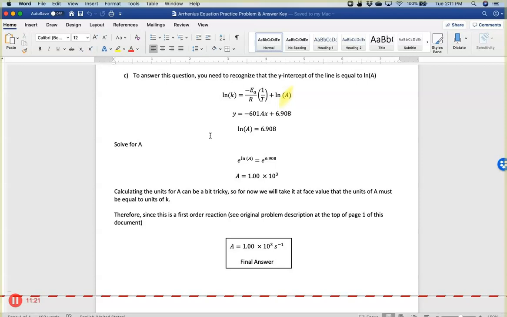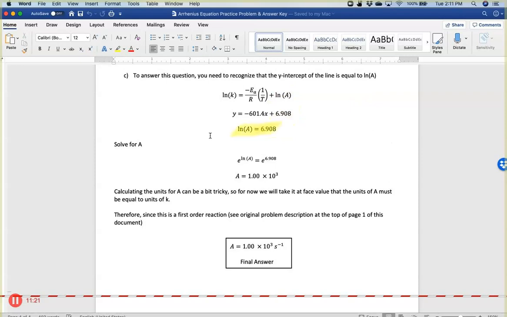So either I need to know everything else, or, easy enough, recognize that the ln of A is equal to this number. The natural log of A equals the y-intercept. Where did I get that? Again, from that graph, ln of k over 1 over T gives me a negative slope, and my y-intercept, my collisional frequency factor A, is right here. Let me wipe that for clean.